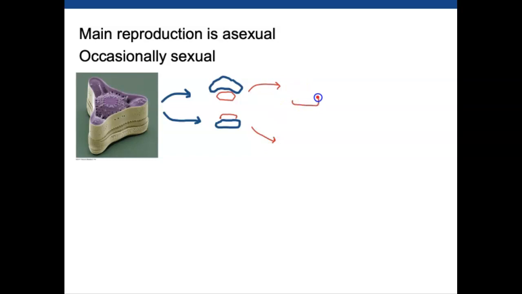So the new piece that's going to go inside the red part of the shell is again going to be smaller. So what we will see over time is that the size of the diatom will get smaller and smaller and smaller as it undergoes asexual reproduction.